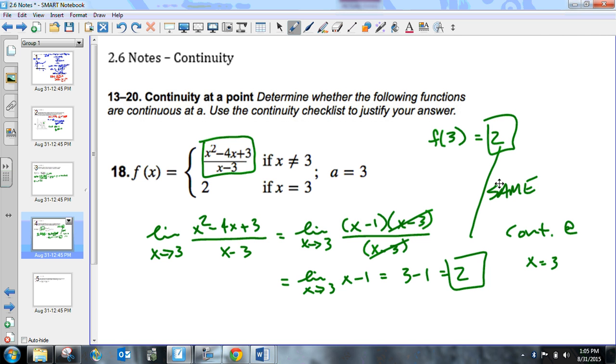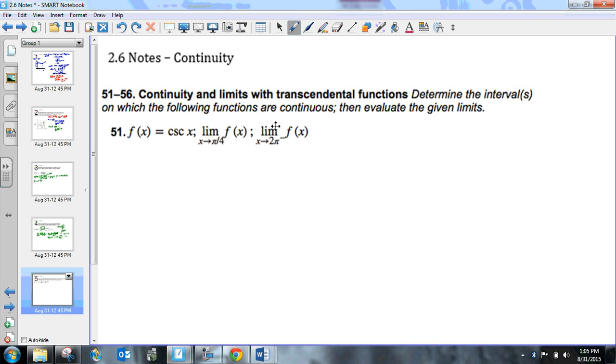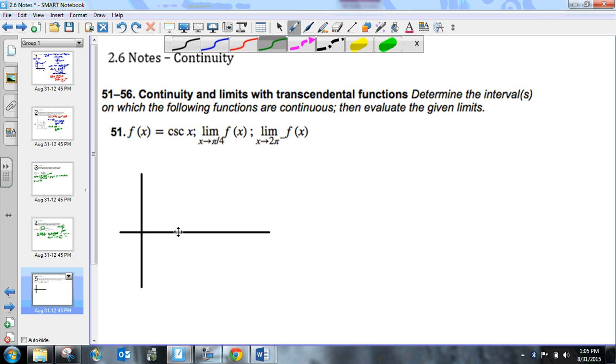All right, let's take a look at number 51. Now, this is a little tricky. I would use your graphing calculator to evaluate this. What you've got is the function cosecant of x, and I'm just going to graph this real quick. What I know about cosecant is that every time I go halfway around the circle, not 2 pi, just 1 pi, my function is undefined.